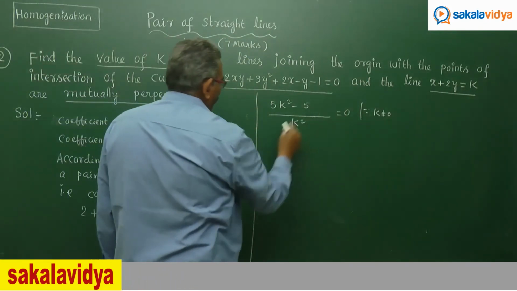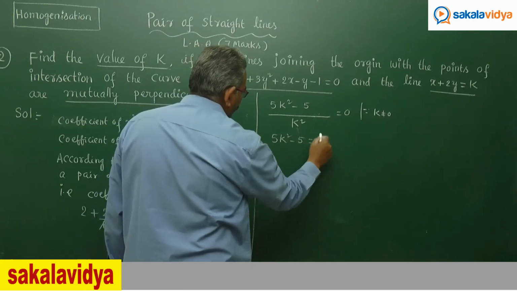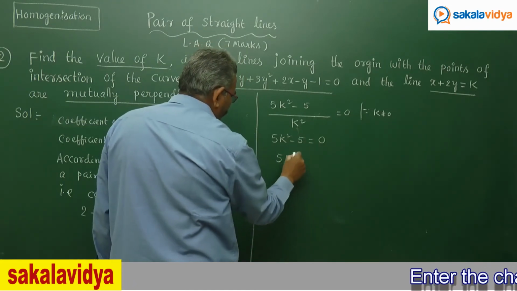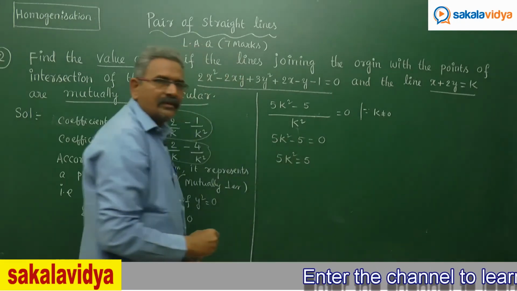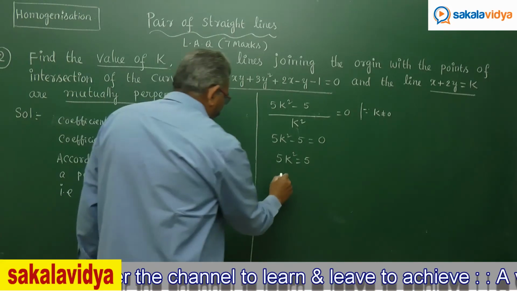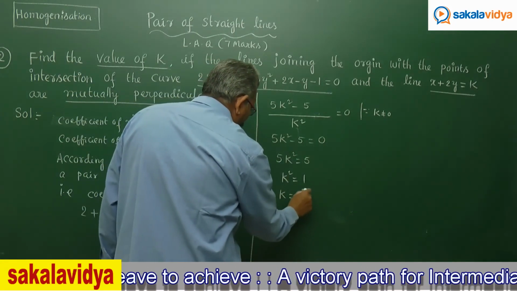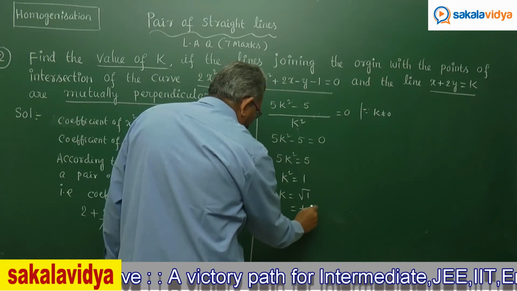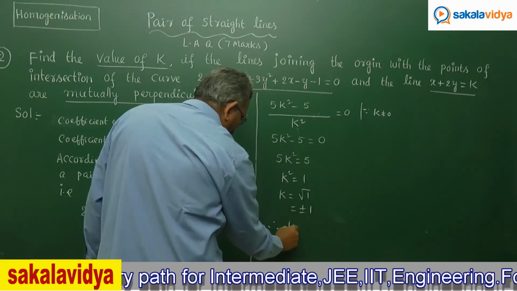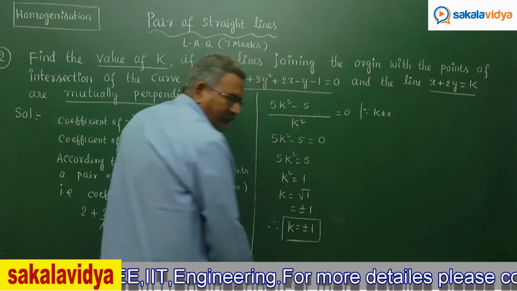Cross multiplication, 5k square minus 5 equals 0, 5k square is equal to 5. What will be the k square value? Here k square is equal to 1, k equals root 1, which is plus or minus 1. Therefore, k is equal to plus or minus 1.